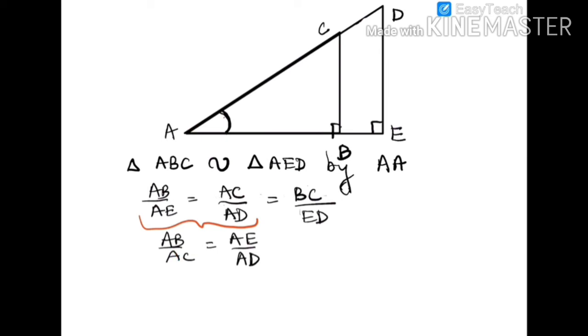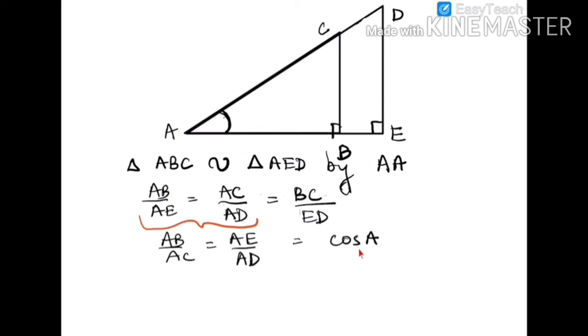So AB upon AC is cos A. Similarly, if we look at AE upon AD, AE is also the adjacent side of angle A in this big triangle, and AD is the hypotenuse.